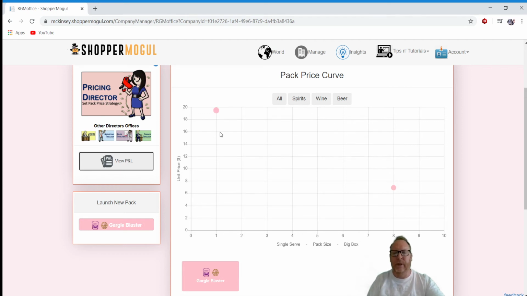So you are the guy who decides what packs should exist for the brands that your marketing director has created, and how much they should be sold for. So here we can see our 1-pack for Gargle Blaster is being sold for almost $20. In comparison, the 8-pack's price per unit is only about $7. So, a much lower price per unit. On the other hand, there's 8 in the pack, so overall the pack is more expensive.